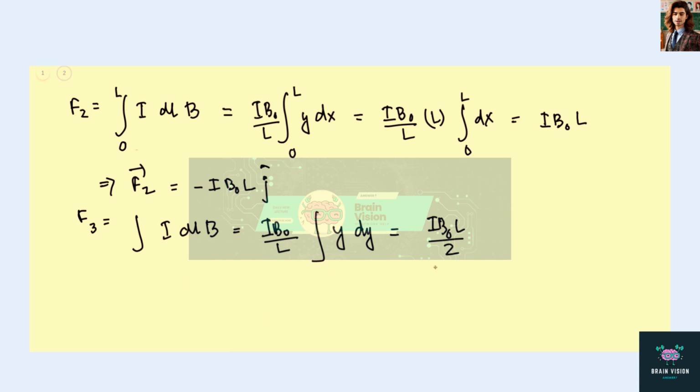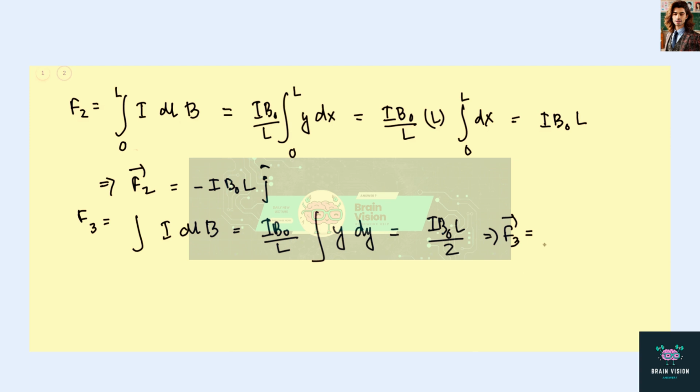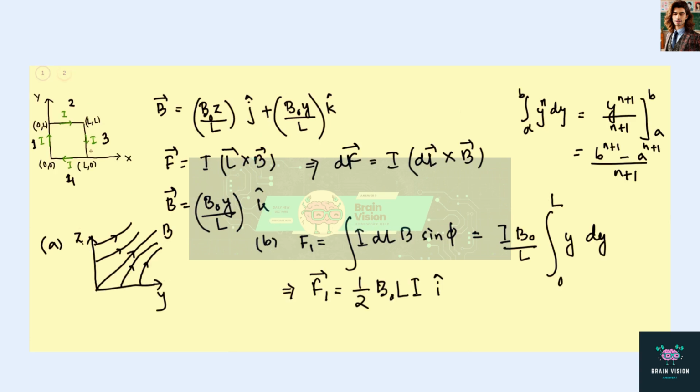And let's find the direction now. So we apply the right hand rule. One thing to note is dl is actually negative dy, because this is going towards the negative y-axis. So dl is going to be negative of dy.